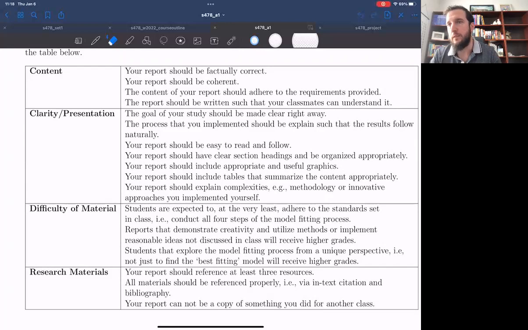There will be assignment questions and there will be assignments that are, let's say, more traditional and guided. So there will be questions on the second assignment that ask you to work through proofs to show certain properties of the exponential family, for example.